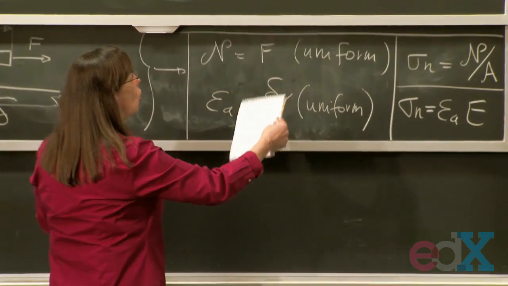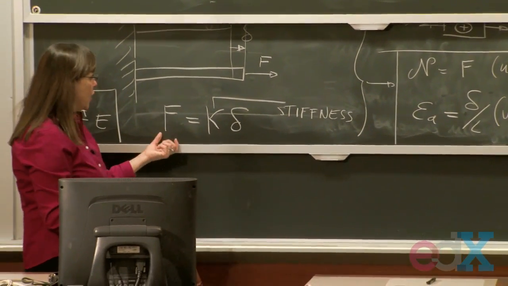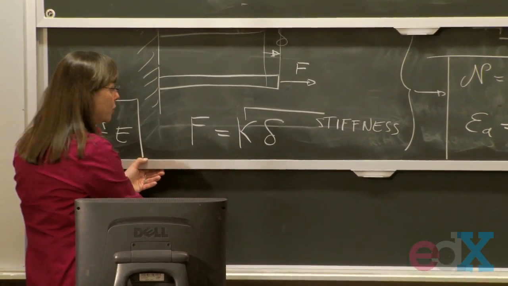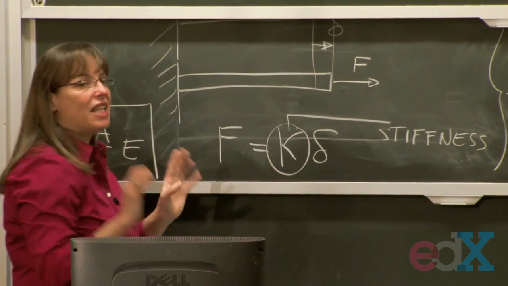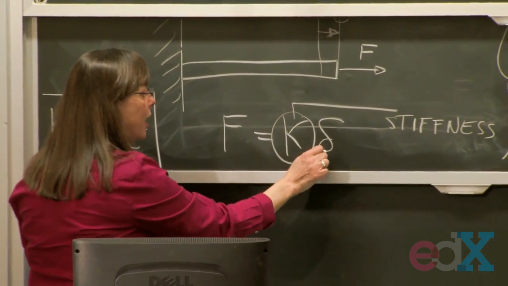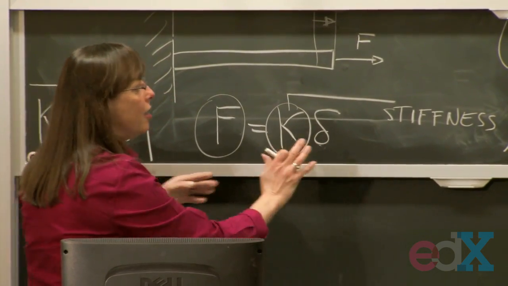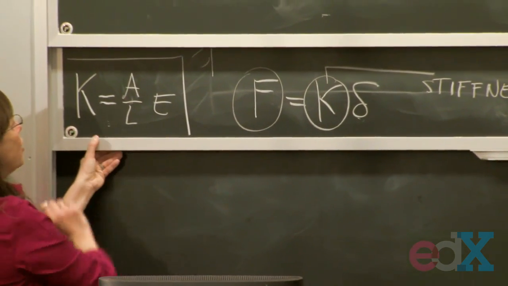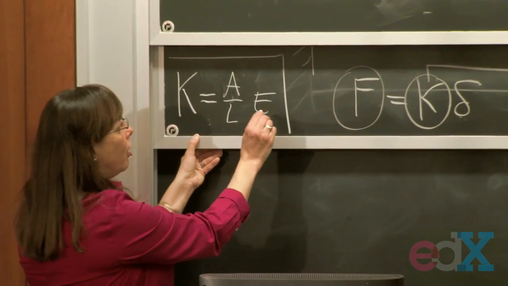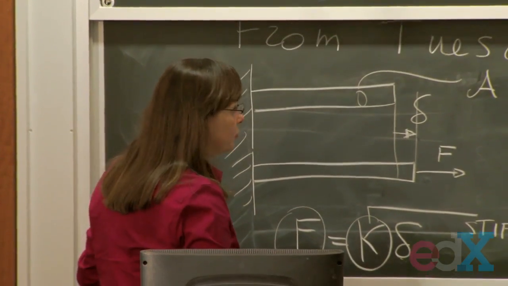And then by using all this information, we figured out that the relationship between the force that we apply to the bar and the elongation that we get is through some stiffness of the bar. So if the bar is stiff, you need a big force to obtain a certain elongation. And by using all those equations, we figured out that the stiffness of the bar, I can write in terms of the geometry of the bar and the Young's modulus of the material. So that's what we did last time.